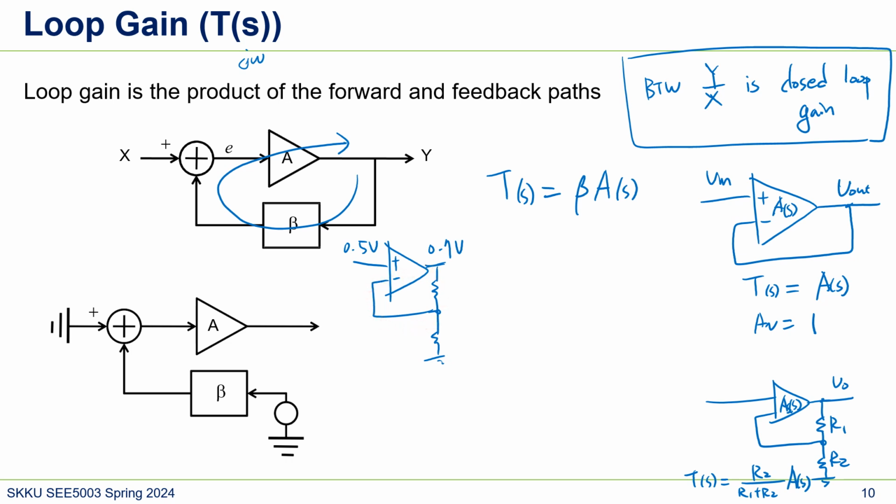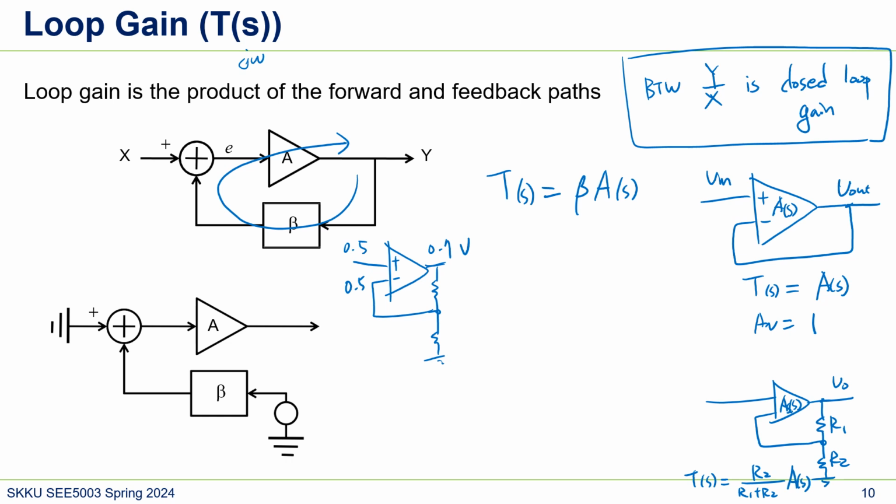So in this case, what we do is break the loop, and then measure it. But this voltage also should be 0.5, right? Because this is an amplifier, so both of them are 0.5 volt.